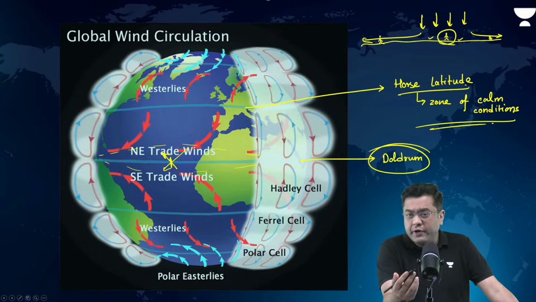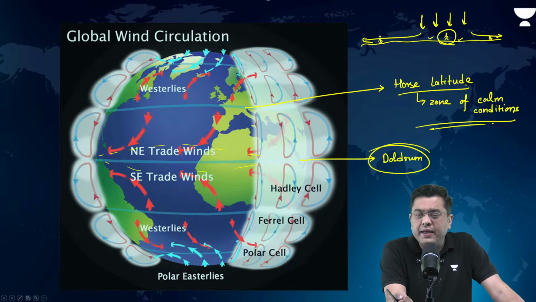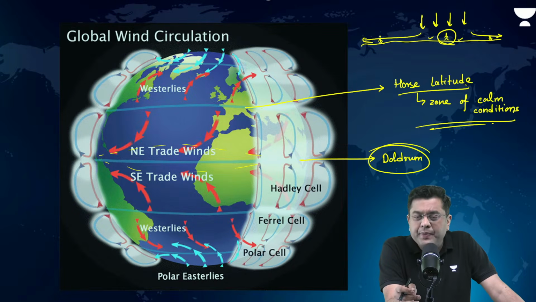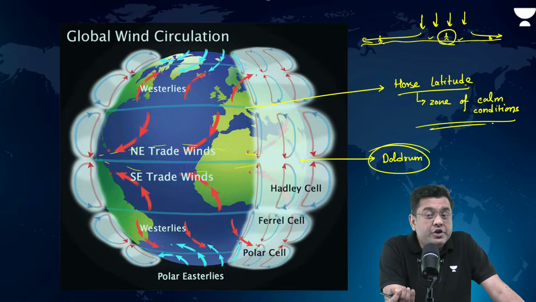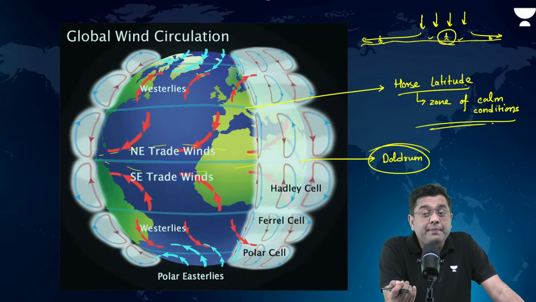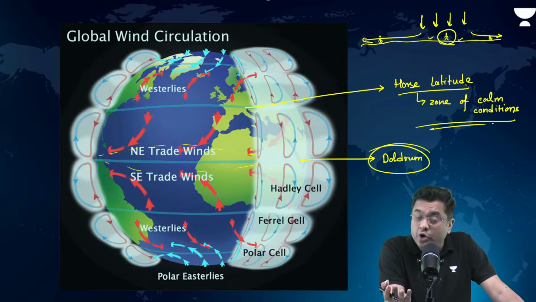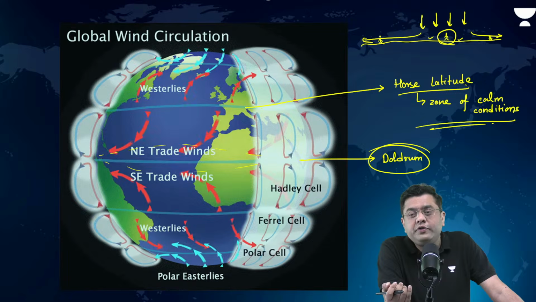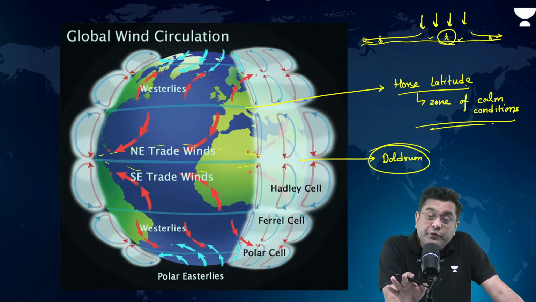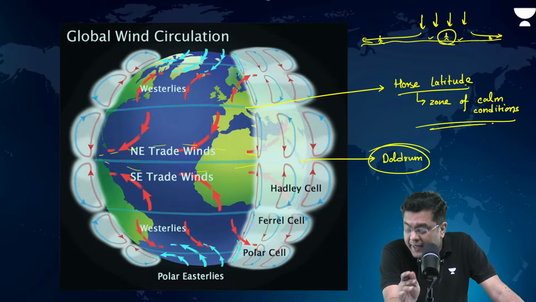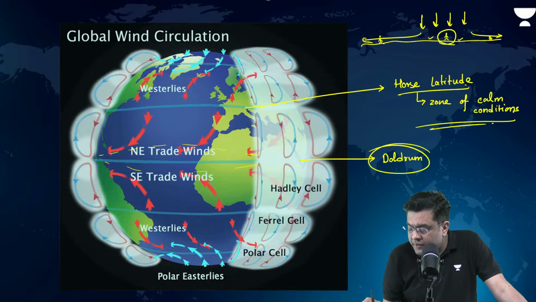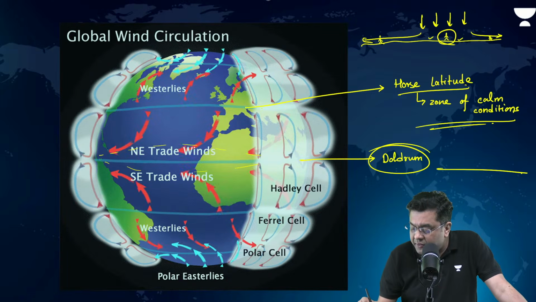So some of the stories go that this was an area where the sailors were never sure whether they would be pushed towards the northern hemisphere or to the southern hemisphere. But this was also a zone of calm. Why? Because this was a region where you had intense heating and rising air.